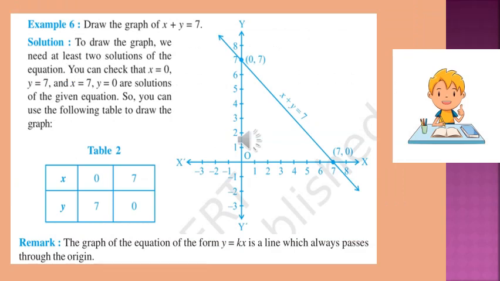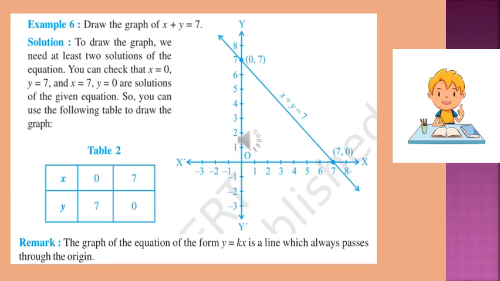See example 6. We have to draw the graph of x plus y equals 7. It is very easy to find the solutions. Take values of x and y in such a way that their addition is 7. So here (0, 7) and (7, 0).